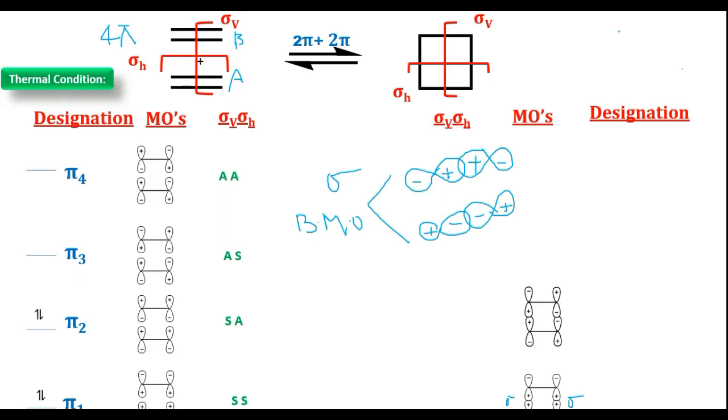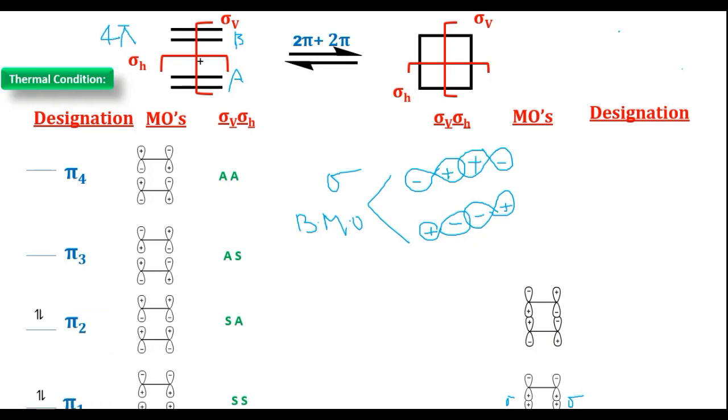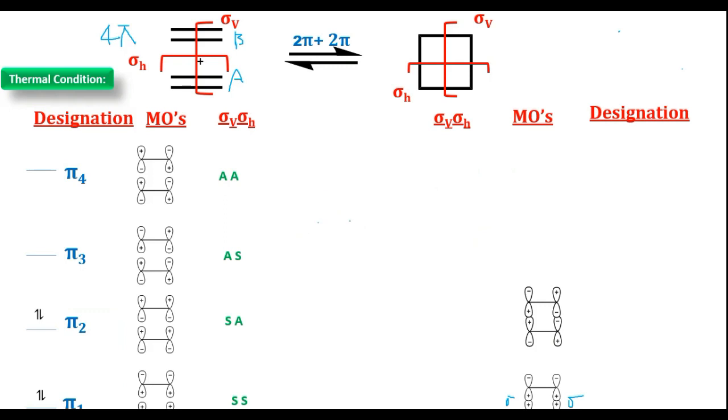So these are the bonding molecular orbitals. Next you are going to write about the anti-bonding molecular orbital. For that you use the psi 1. Anti-bonding means plus should interact with minus, so therefore I am taking psi 1 in this direction.